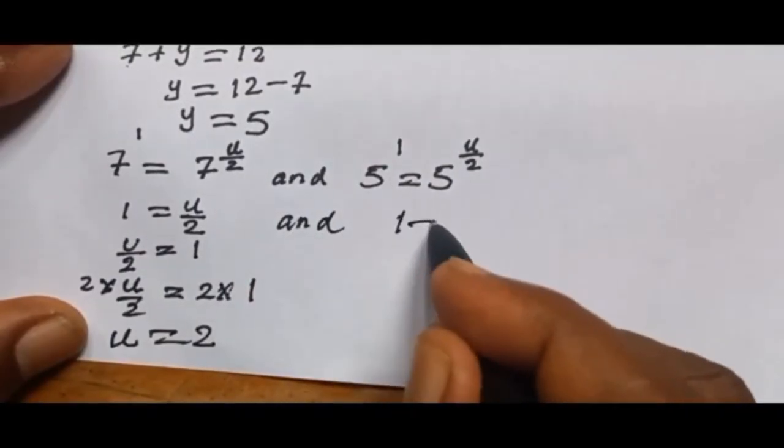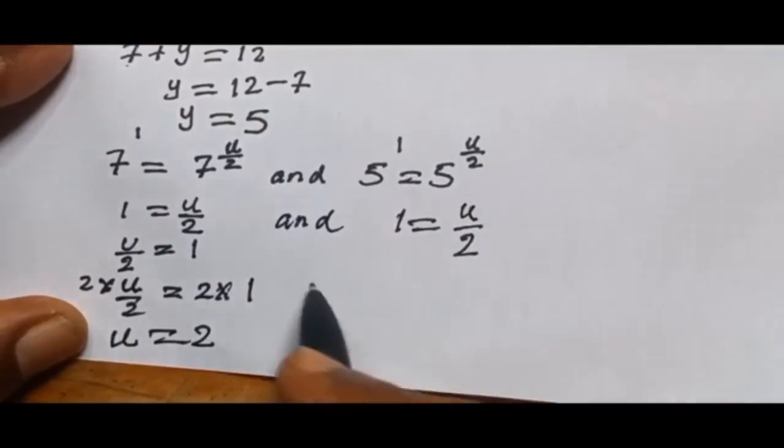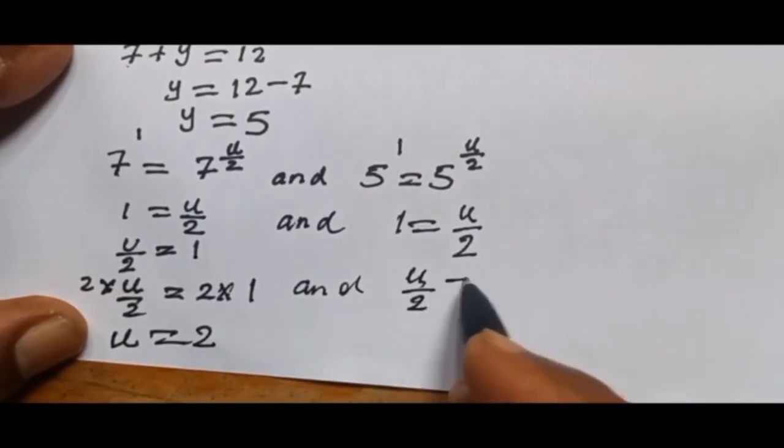We have 1 equals u over 2, obviously again here, we have u over 2 equals 1.